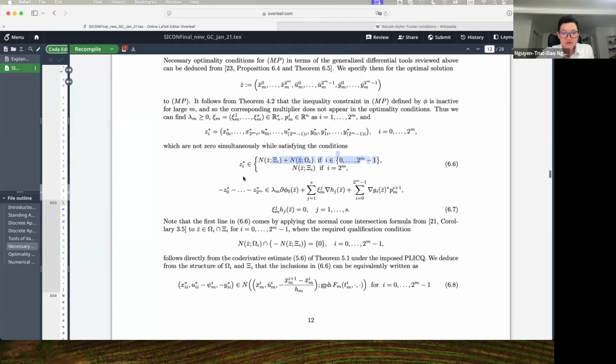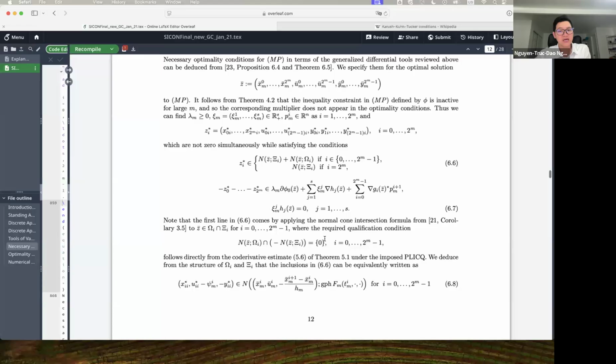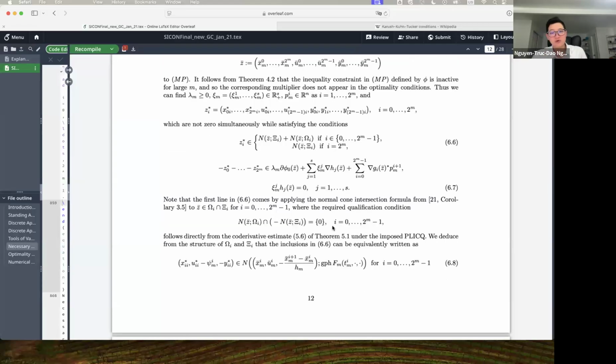And if you want to apply this corollary 3.5 from the book, you have to prove the qualification conditions. That means the intersection of these two normal cones contains only one element, 0. And it follows directly from the co-derivative estimate 5.6 of theorem 5.1.